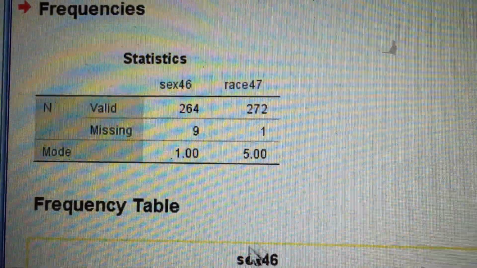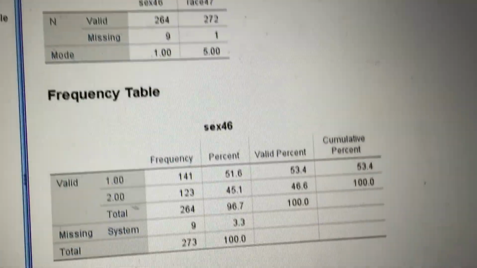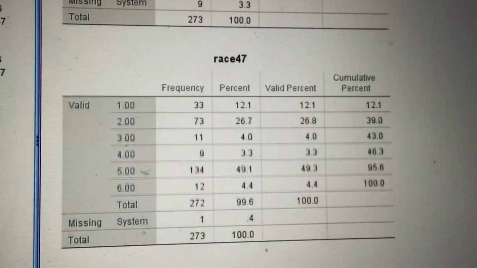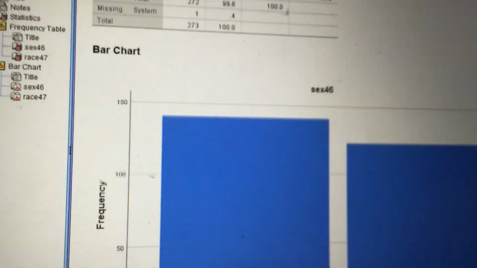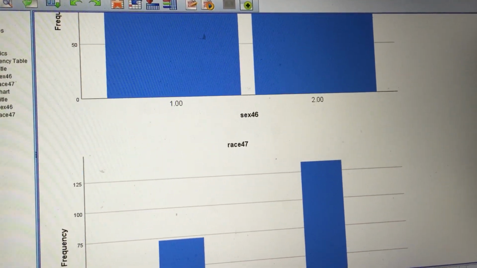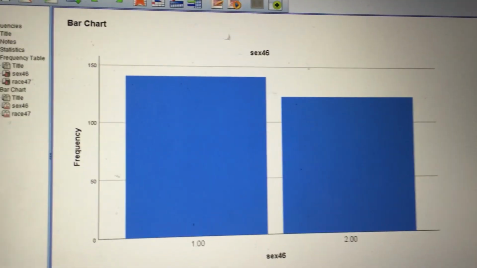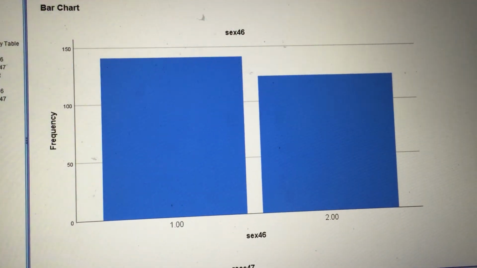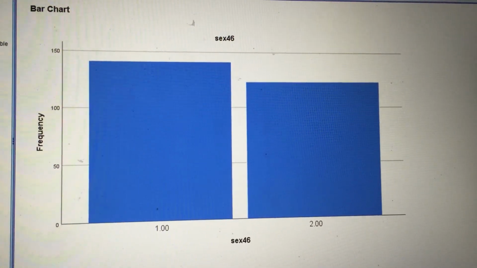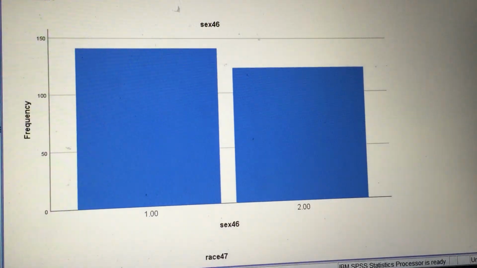And you can see here we have the chart for sex with the frequency, the percentage, and you are all familiar with that. But what I want to show you is, here is the bar chart. And I strongly urge you to include a bar chart of who the informants are, so your client can see that. This very clearly shows we have more men than women who participated, but very close.